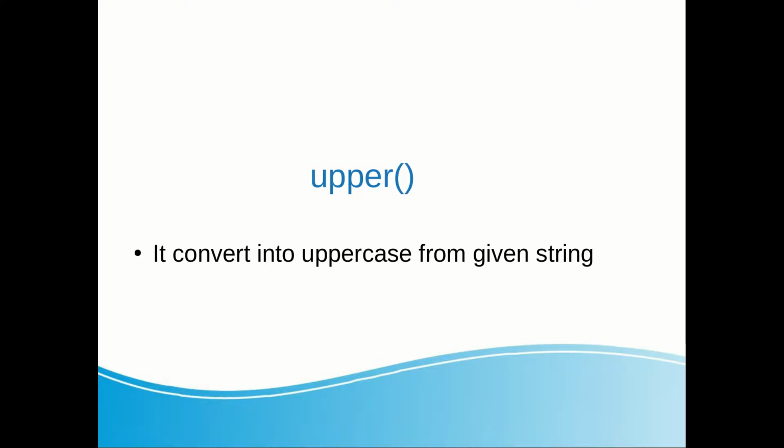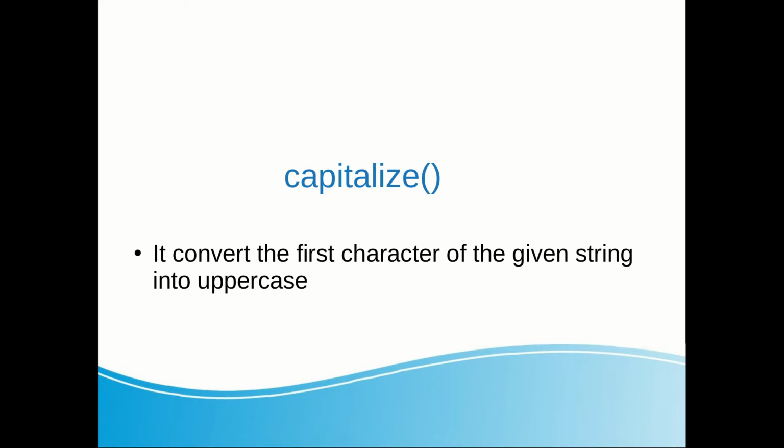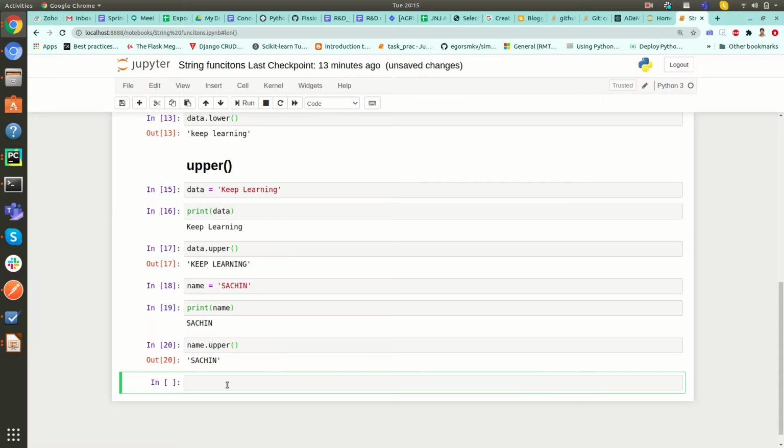Okay guys, so the next function is capitalize. You can see clearly it converts the first character of the given string into uppercase. Whatever character you have given in that word, the first character will convert into uppercase. Let us look at a practical example.